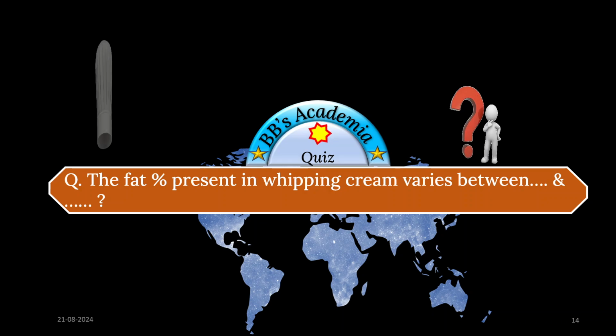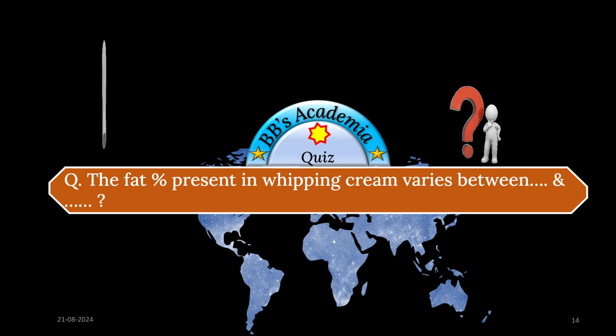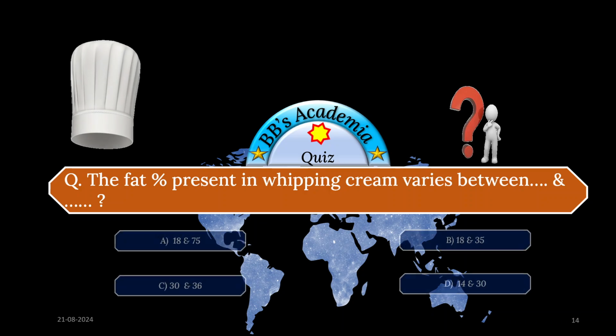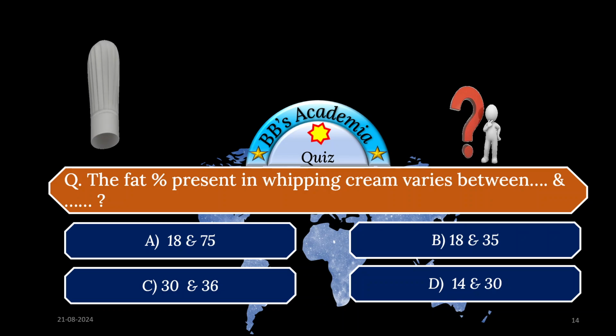The question is, the fat percent in whipping cream varies between, you have to mention the range. Your 4 options for this question are: option A, 18 and 75, option B, 18 and 35, option C, 30 and 36, option D, 14 and 30.